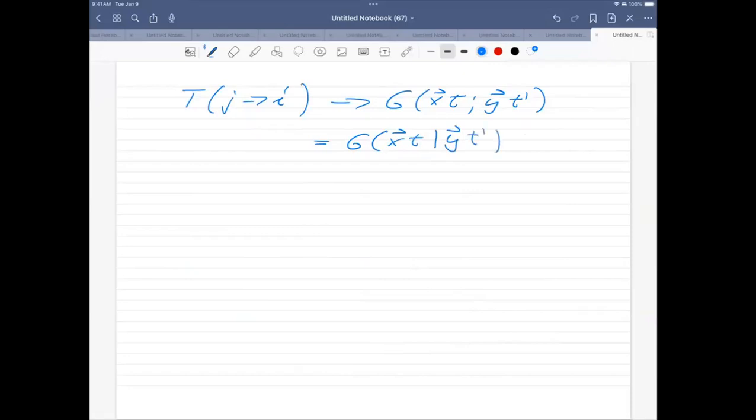Now, in general, I will just rewrite this as a function g of x and y, and as a function of a time difference delta t, where delta t is simply the difference between t and t prime.